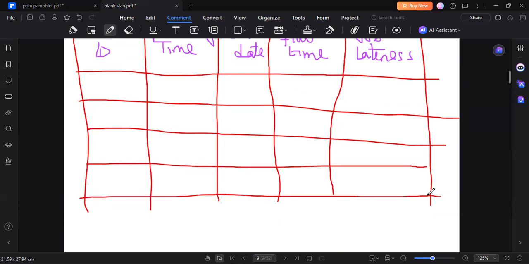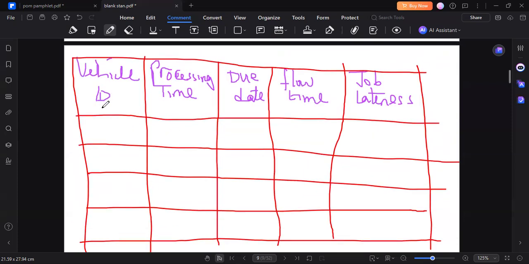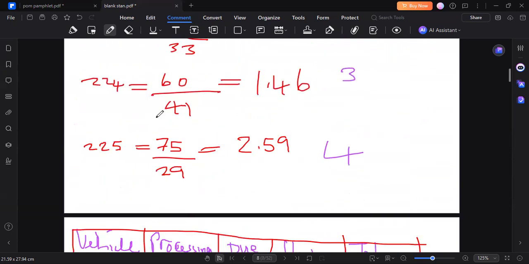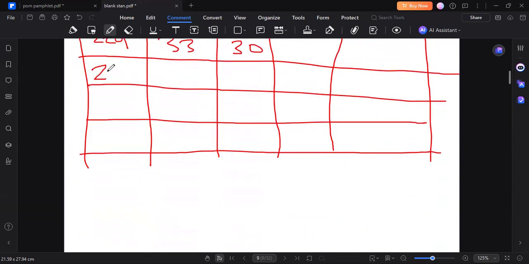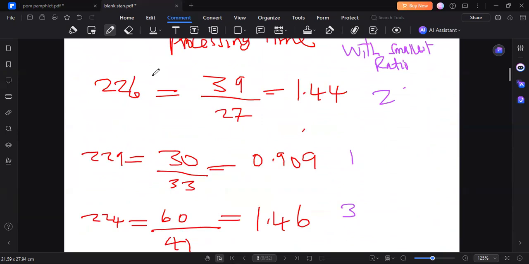Okay, so the first vehicle to start with is 229. So for 229, you pick flow time, lateness and due date. Then the other one is 226, 27 and 39.